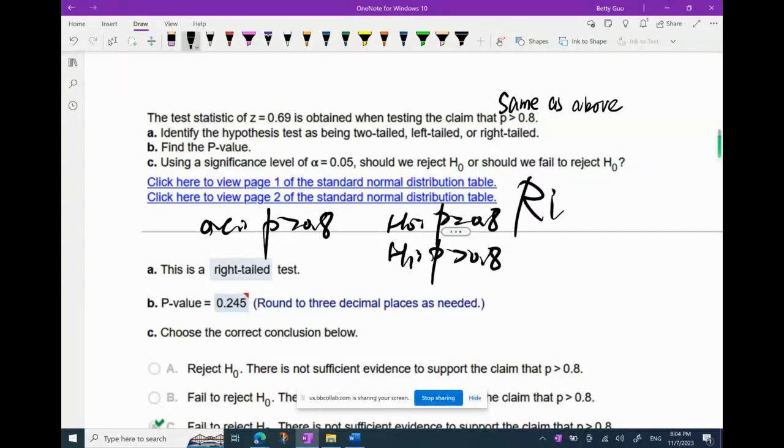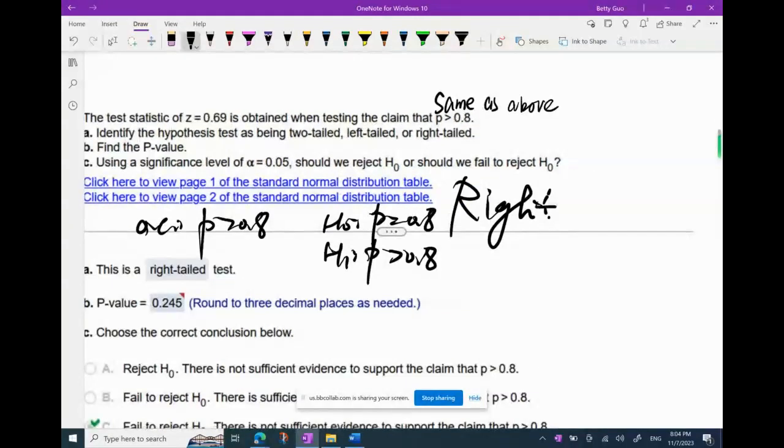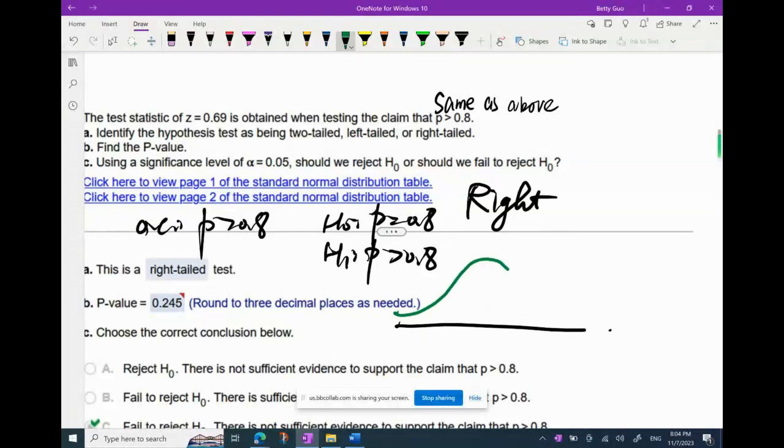So this is the right tail. You can see my board is getting weird; I didn't mean to have writing like this. Right tail, right tail Z test, okay?